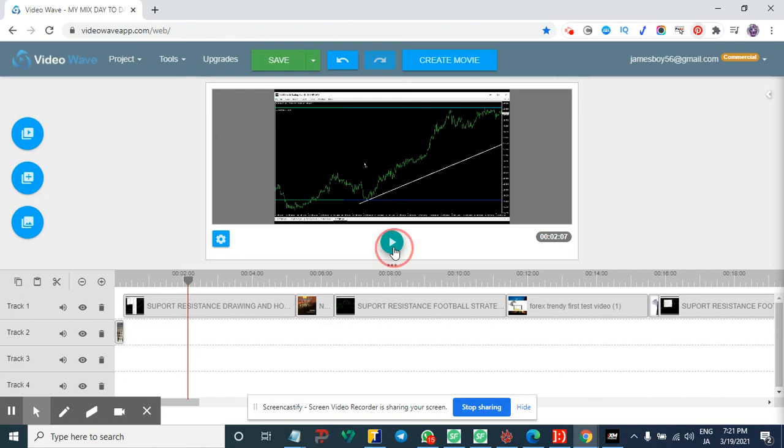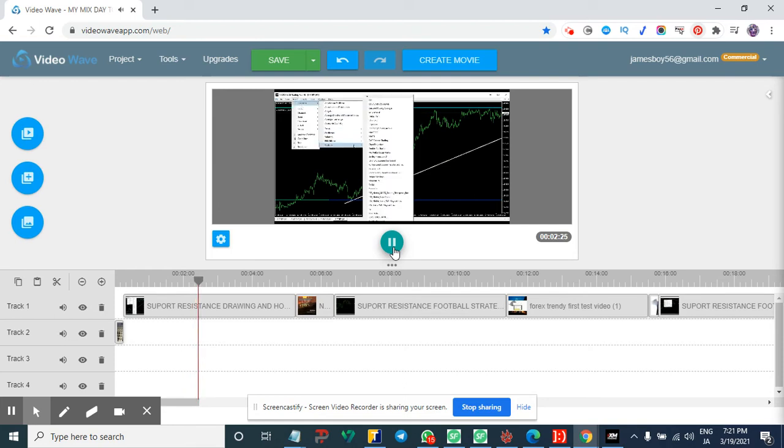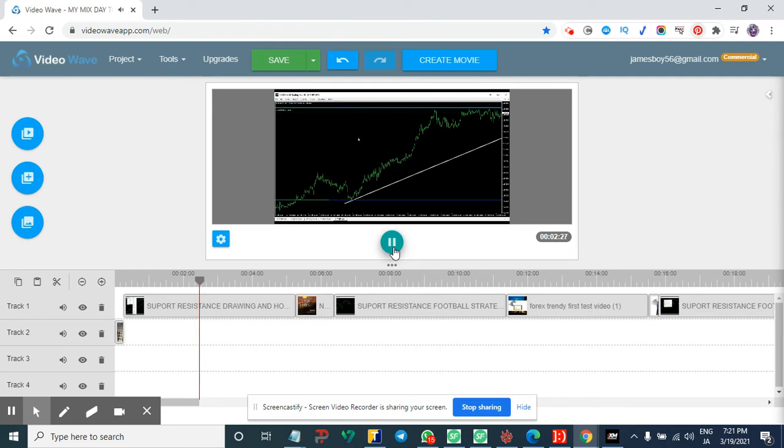Let's keep watching. Now we've got the high and the low of the chart, because this is going up. And now what we're going to do is go again and remove that support resistance line.